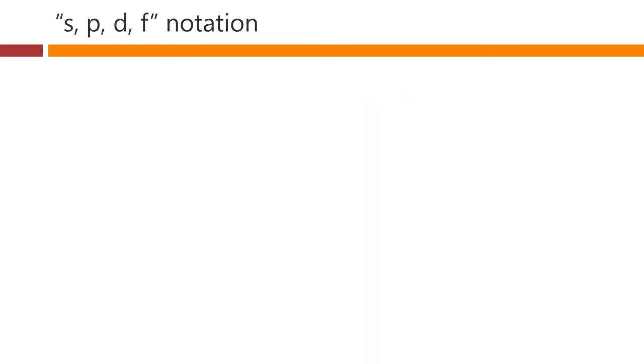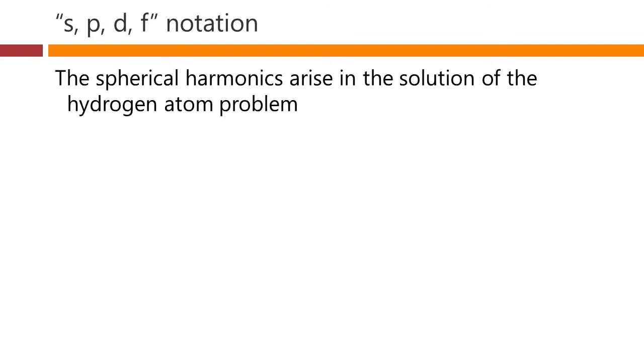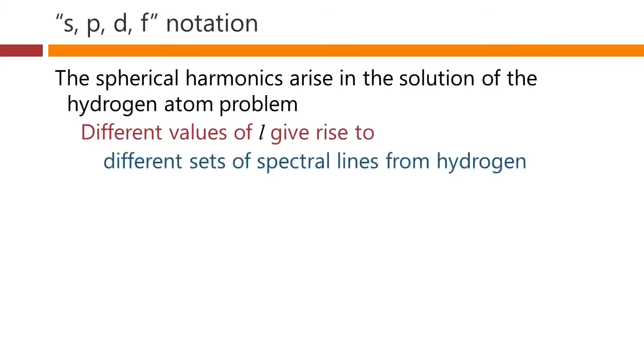A common notation in atomic physics is the SPDF notation, and the spherical harmonics, of course, come up in the solution of the hydrogen atom problem, and different values of L were observed by spectroscopists in the 19th century to give rise to different sets of spectral lines from hydrogen.